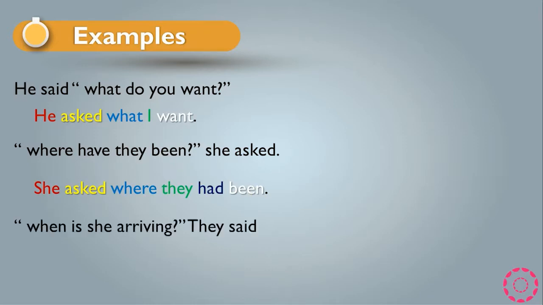When is she arriving? They said. So it became: they wondered when she was arriving. Because we have is here, we have to change is to was, so it became: they wondered when she was arriving.